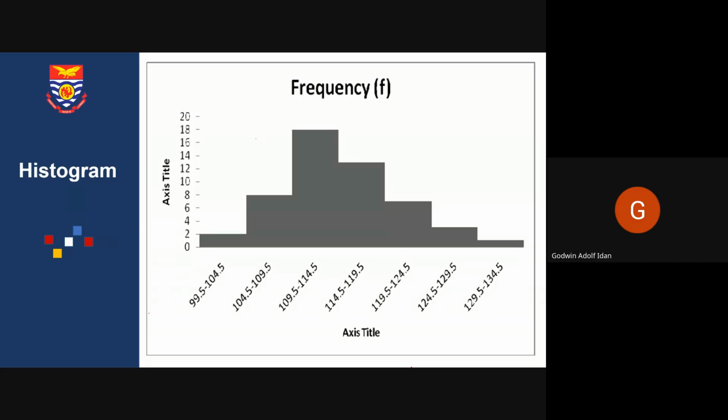So once we represent the data in the form of a circle, then we are looking at a pie chart. We also looked at how we can convert each item of the data into a part of the circle, where we introduced the formula 360 times f over n.